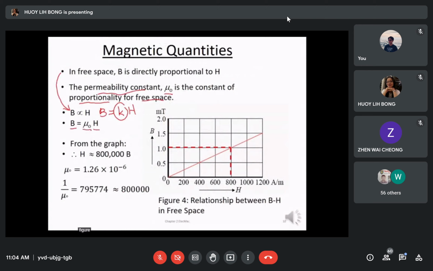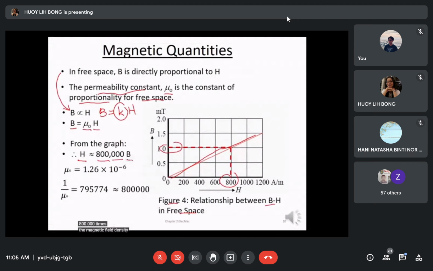Figure 4 shows the BH curve in free space, which is linear. The linearity from the graph gives us the equation. We can write H equals approximately 800,000 times the magnetic field density.